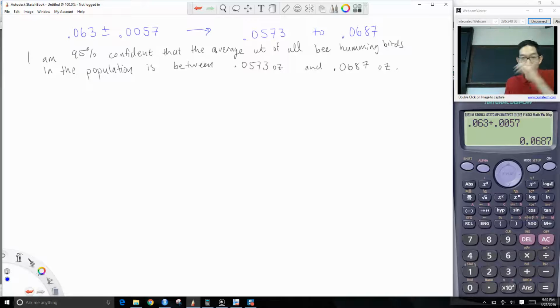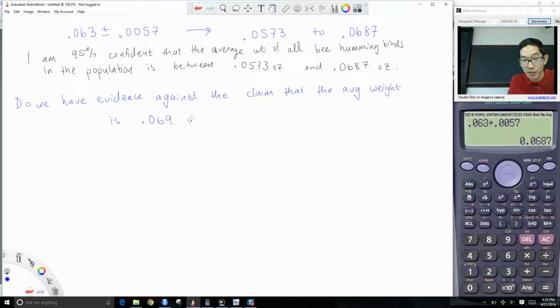Someone can ask, do we have evidence against the claim that the average weight is 0.069 ounces?